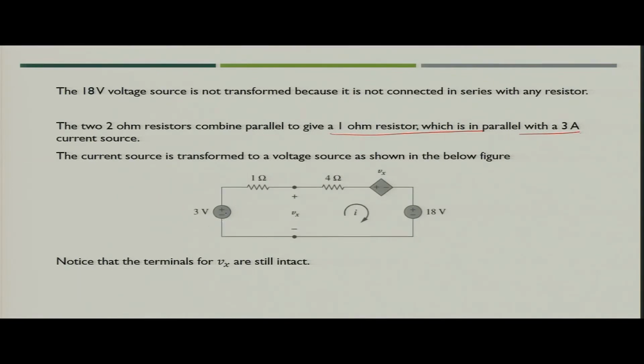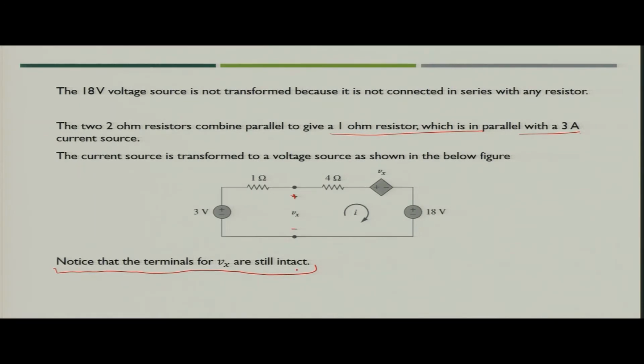You will get 3 volt in series with 1 ohm resistance, and then you have the same Vx which you need to find out, and then you have 4 ohm in series with Vx and then the 18 volt which you have in the circuit. Now, as we discussed, Vx is still intact, which is the question that we need to find the value of Vx.